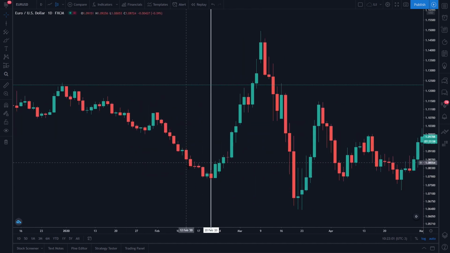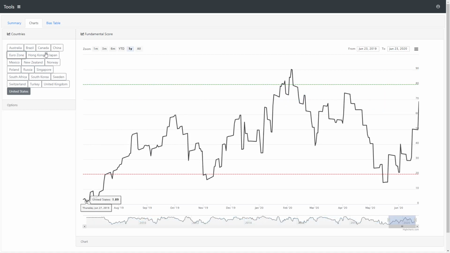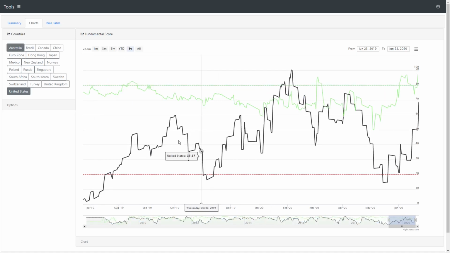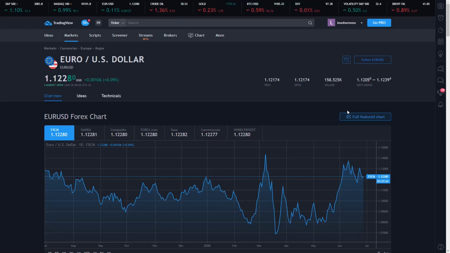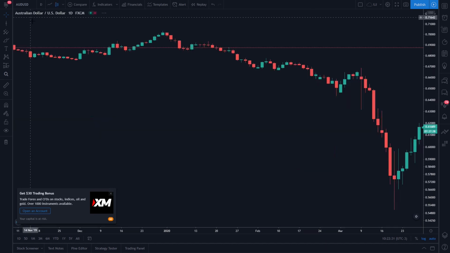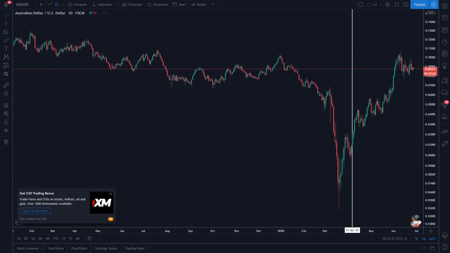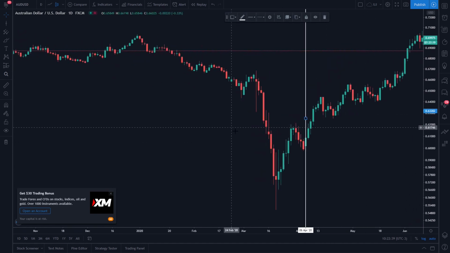Okay, let's see another one. Let's check, for example, United States against Australia. The last signal was on the 6th of April this year. So let's see what happened to AUD/USD. The 6th of April.